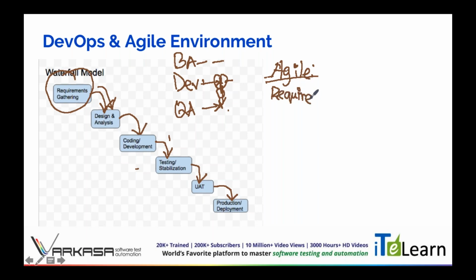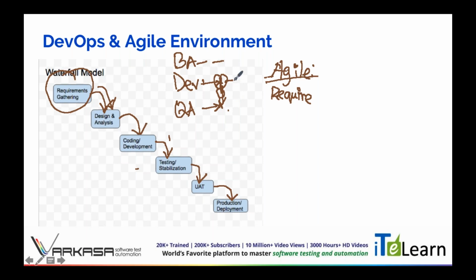Now, on top of that, in the agile model, requirements can come into the picture in the middle of the project. So what I mean by that is, whenever you have an application development project, you have certain builds that come into the picture, right? Once the development team completes a certain build, it gets released basically for QA to test, and eventually it goes into the UAT environment, and eventually it gets deployed.